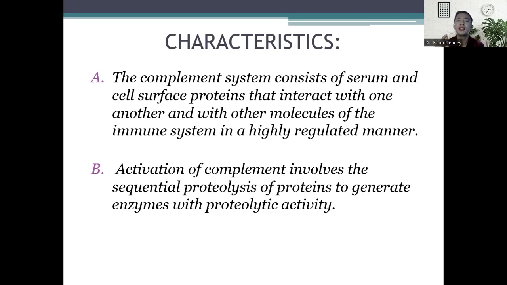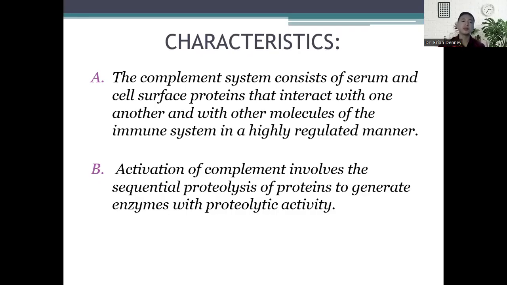These proteins interact in a highly regulated manner. How about that? Easier. They interact in a highly regulated manner. Now, if you are curious enough, you might ask, why, doc? Why do they interact in a highly regulated manner?